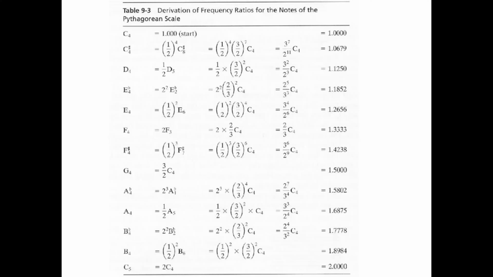Actually, I guess it's B, isn't it? Yeah, E to B. Like I said, my music theory is not always dead on. I have a little bit of training in it, but I'm not a musician. Well, not a musician anymore. So the fifth ends up pretty much dead on at 1.5.